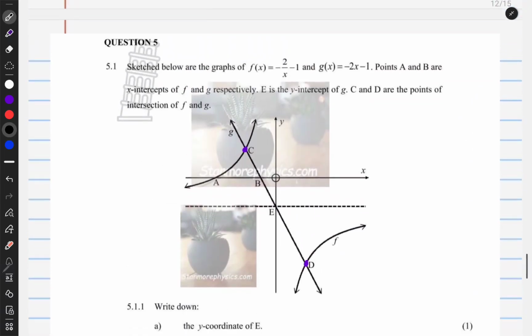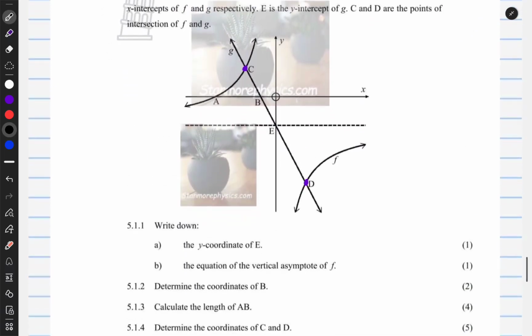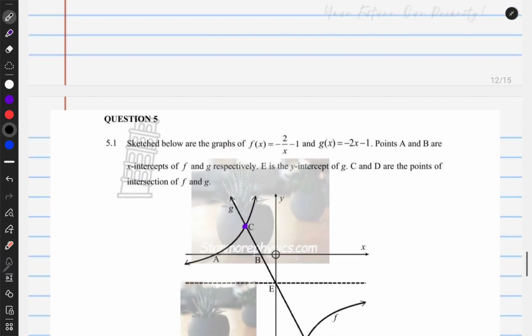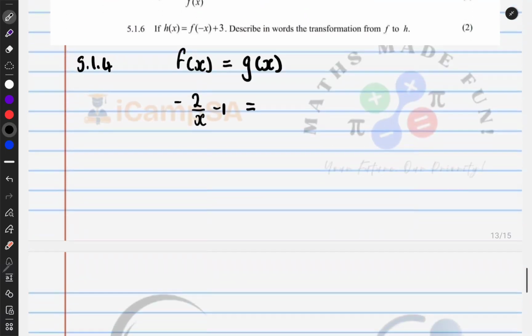So what is the equation of f at x? It is -2 over x minus 1, which is equal to g at x, which is -2x minus 1. Okay, now let's solve for x.